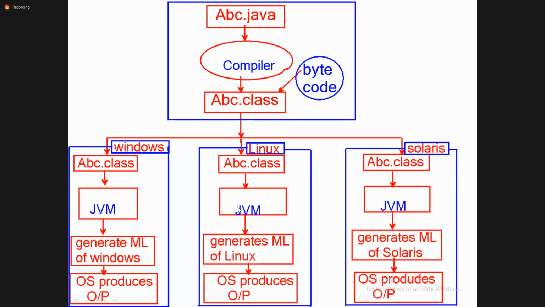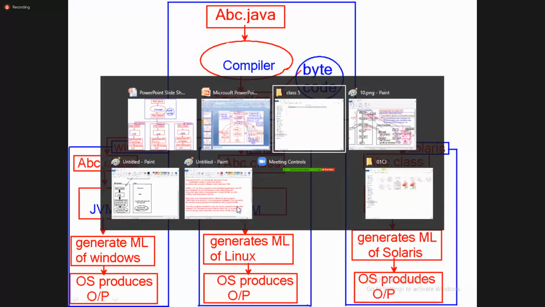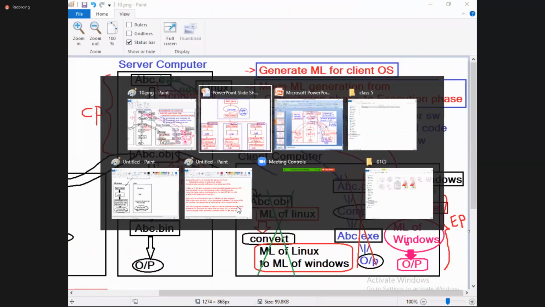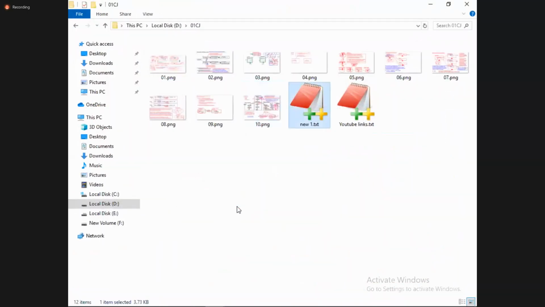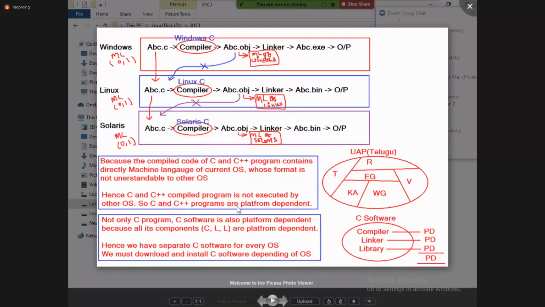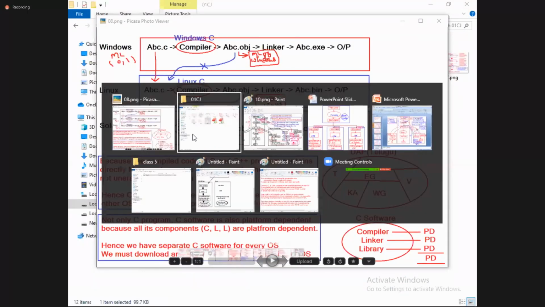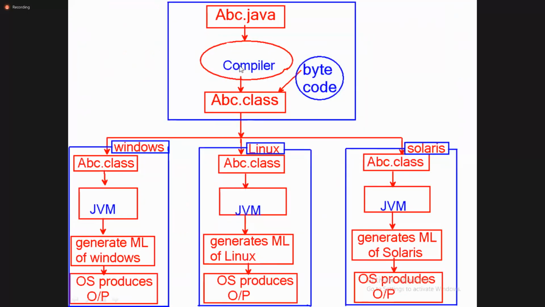Okay, now let me ask a question. In C language, if you go back to our previous diagram, in C language the compiler software is specific to operating system, right? Compiler software is specific to each and every operating system. We have separate compiler software like that.